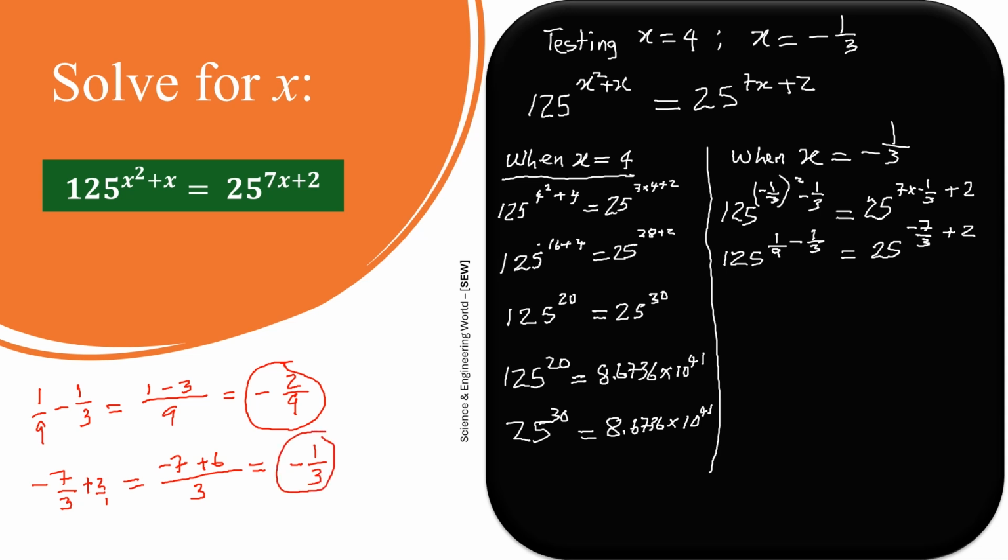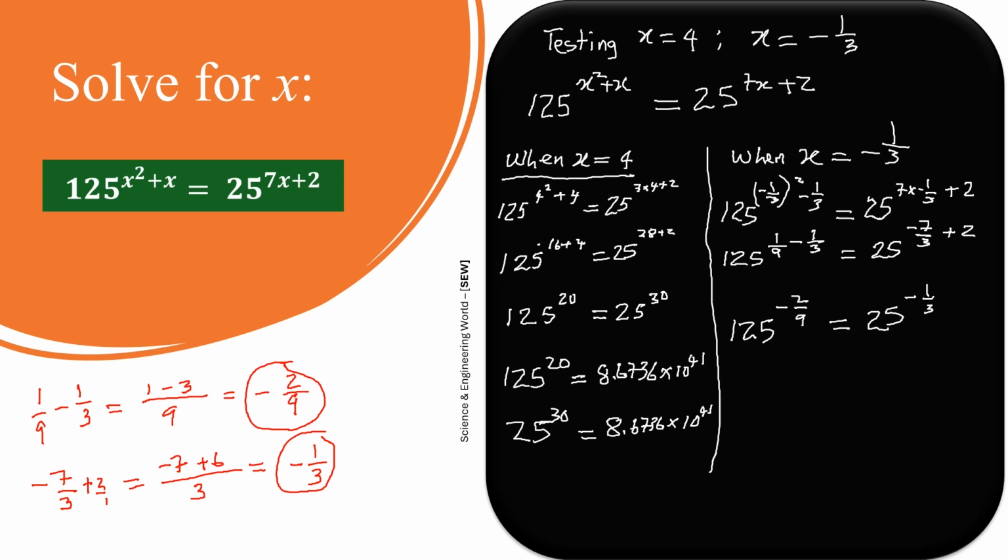So let's put this together. We now have 125 to the power of minus 2 over 9 equal to 25 to the power of minus 1/3.